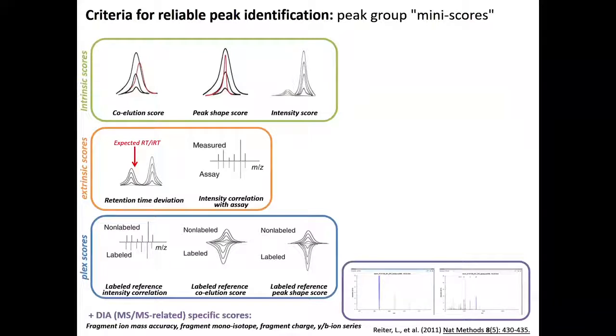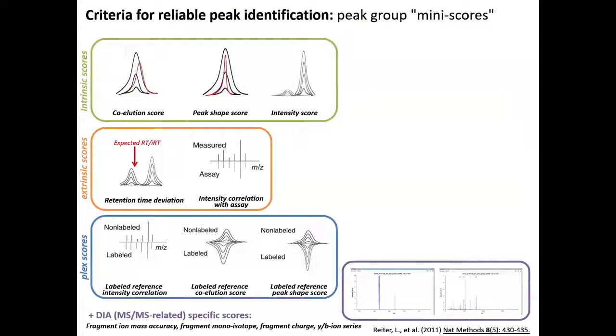In addition, as I mentioned, this is also nicely visible now in Skyline. You can open at any time the MS/MS spectra at the apex of the peak that you think is the correct candidate for your peptide identification. Then you check the precursor mass accuracy and fragment mass accuracy of the different fragments. This is usually scored in ppm, fragment monoisotopic.